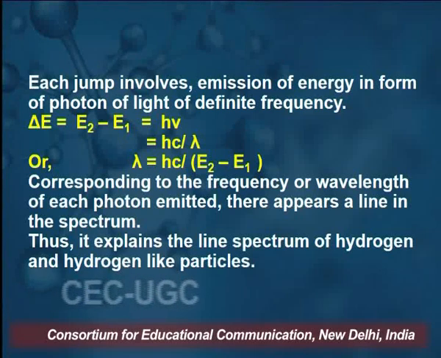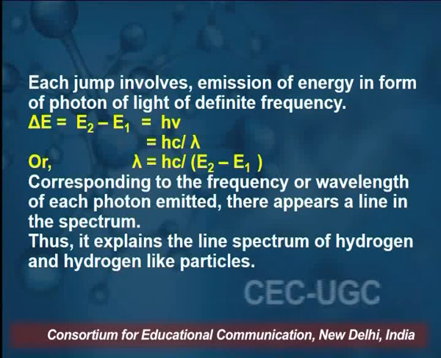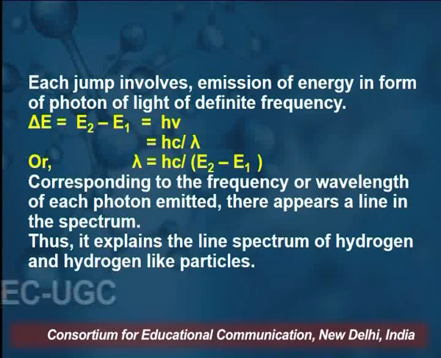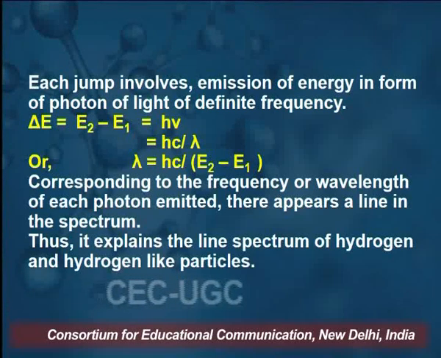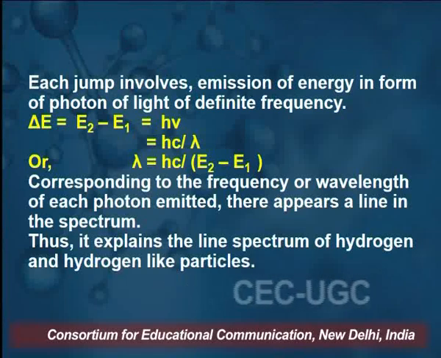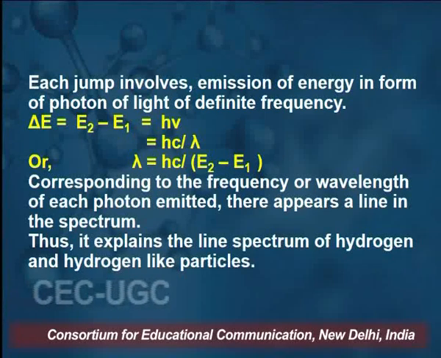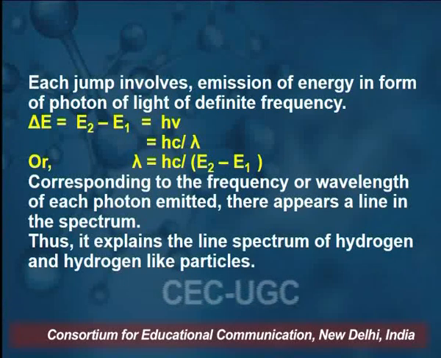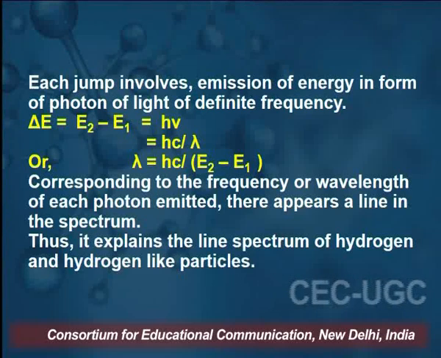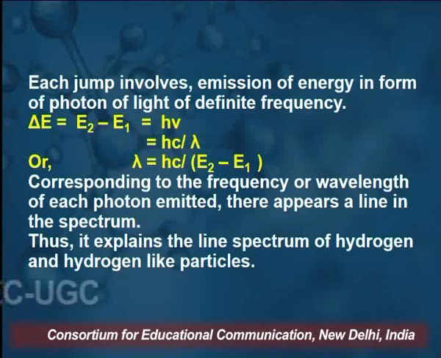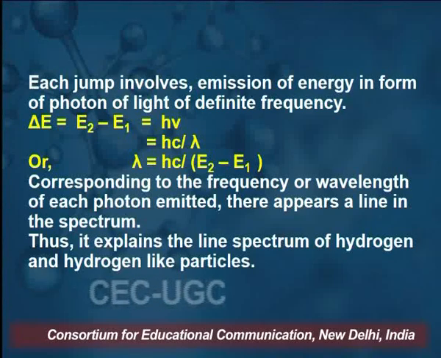From here, we can calculate the wavelength lambda, which is equal to hc upon E2 minus E1. Corresponding to the frequency or wavelength of each photon emitted, there appears a line in the spectrum. Thus, it explains the line spectrum of hydrogen and hydrogen-like particles.